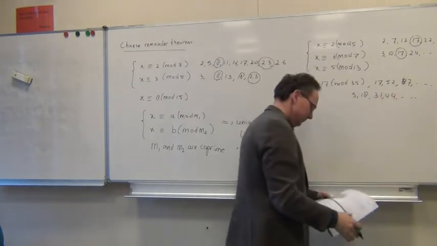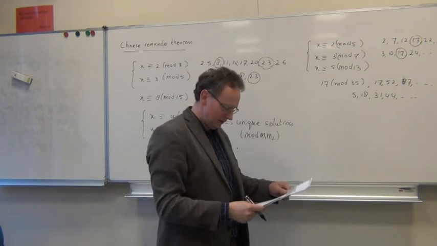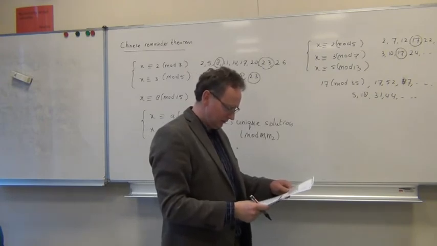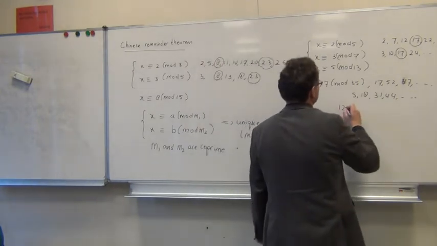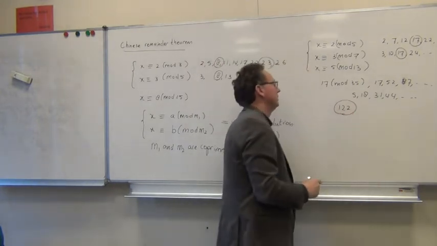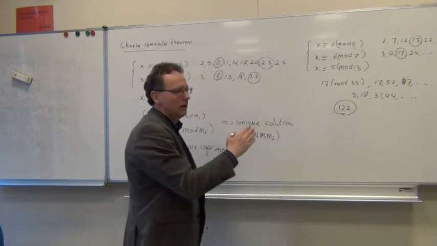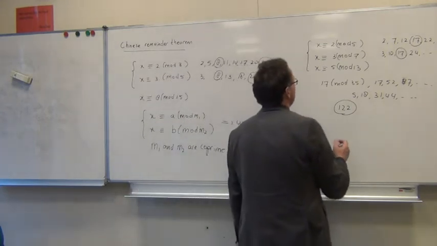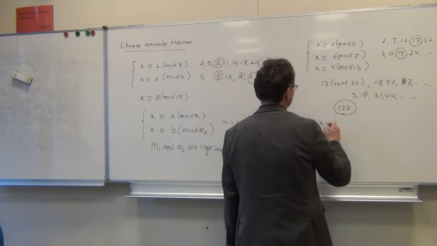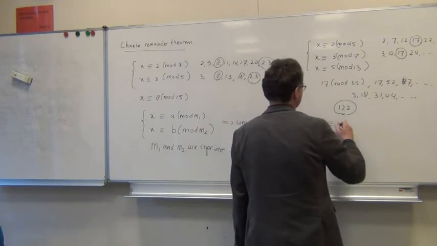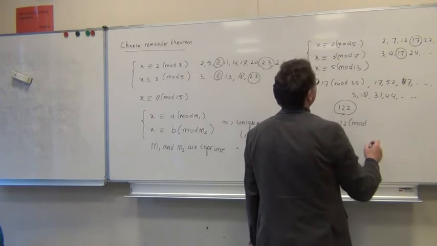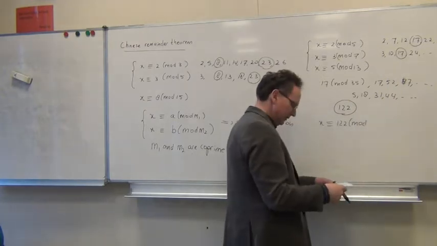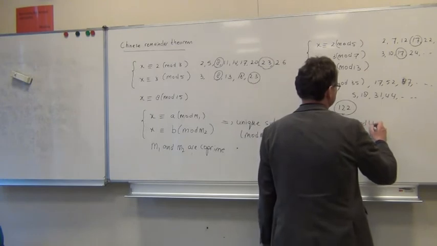It's a bit of work, but if you are a bit persistent, it turns out that 122 is in both rows. So 122 is a solution for all three linear congruences, so the final solution will be x congruent 122 modulo 5 times 7 times 13, that's 455.